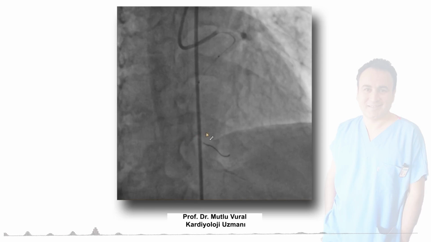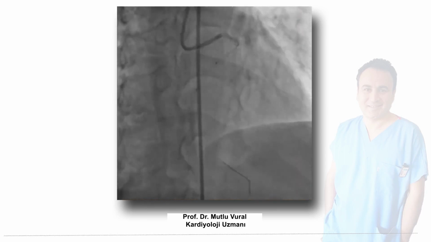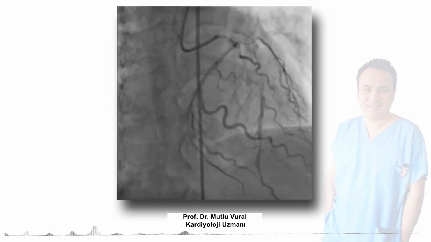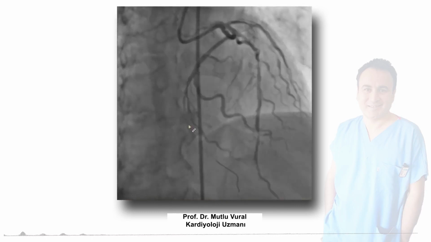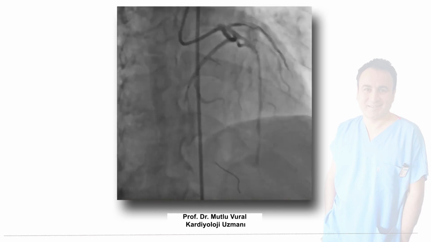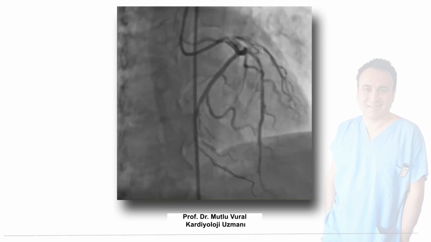So we redirected the wire again, but only 1 atmosphere dilatation of the balloon was enough for TIMI 1 antegrade flow. And we directed the wire and we made balloon dilatation.